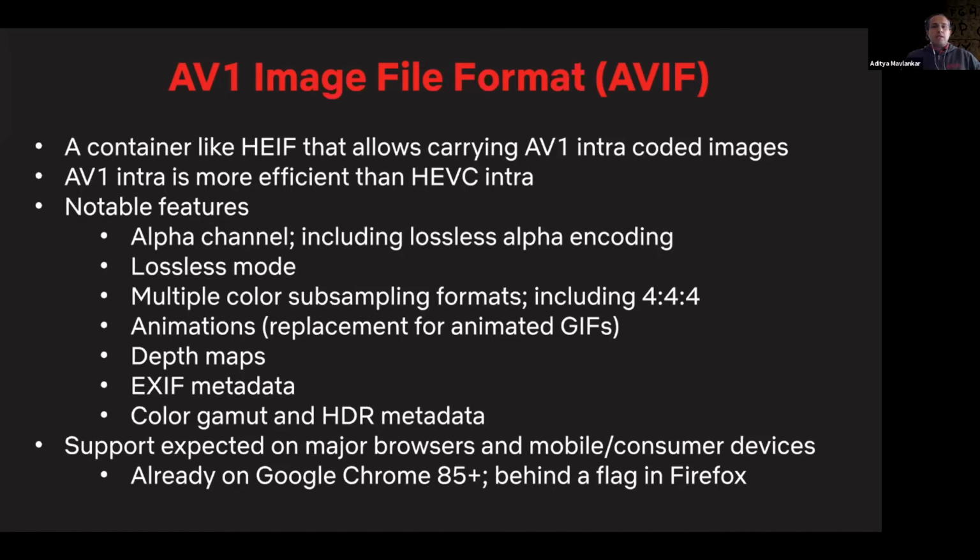AVIF can carry depth maps, EXIF metadata, and also color gamut and HDR metadata, like the transfer function and the color primaries and so on. And support is expected on major web browsers and mobile and consumer devices. In fact, it's already supported on Google Chrome, and it's available behind a flag in Firefox.